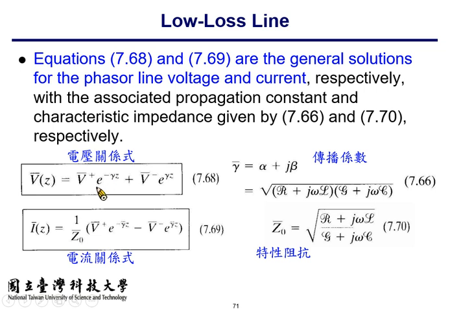For a lossless line, the magnitudes on the transmission line remain the same, while in a lossy transmission line, the voltage and current magnitude will become smaller and smaller due to the presence of attenuation, due to the presence of loss.